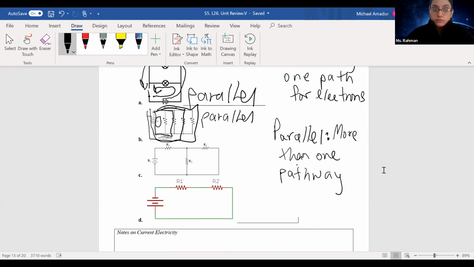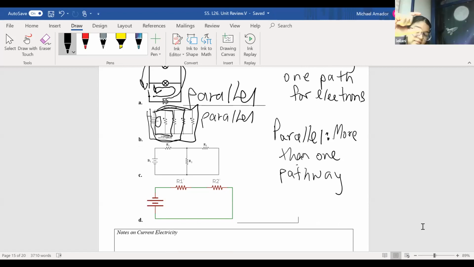Leilani, what do you think about C? Somebody's whispering on their microphone, so we need to make sure you're all muted. For C, I said it's parallel. Do we all agree? Anyone disagree? Kaylin, what do you think?